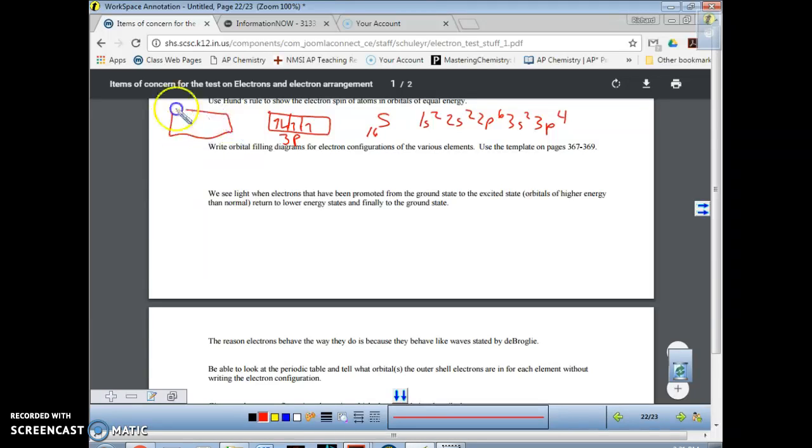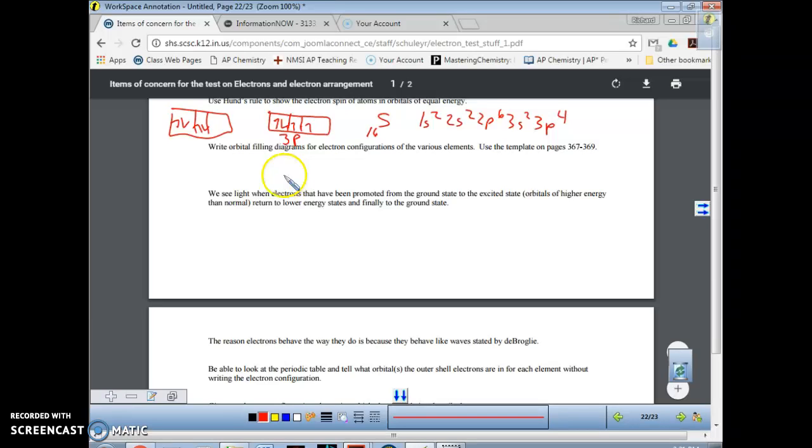Got a lot of people on 5-1 that did this. Or maybe it was the lab. Yeah, it was the lab, I believe. That's wrong. That's correct. Don't make two pairs. Make sure you put one in and then pair them.